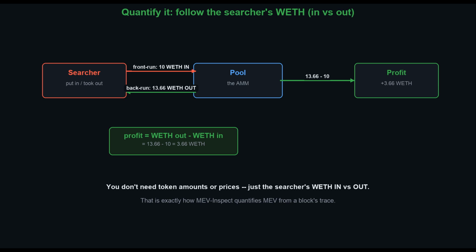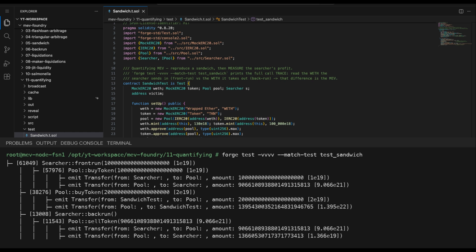Now let's see those exact 2 transfers in the real trace. Run it with full verbosity and the trace lays the whole thing bare. Look at the searcher's front run. It calls buy and there's the transfer. 10 WETH from the searcher into the pool. Then the searcher's back run. It calls sell and there's the payoff transfer. 13.66 WETH from the pool back to the searcher.